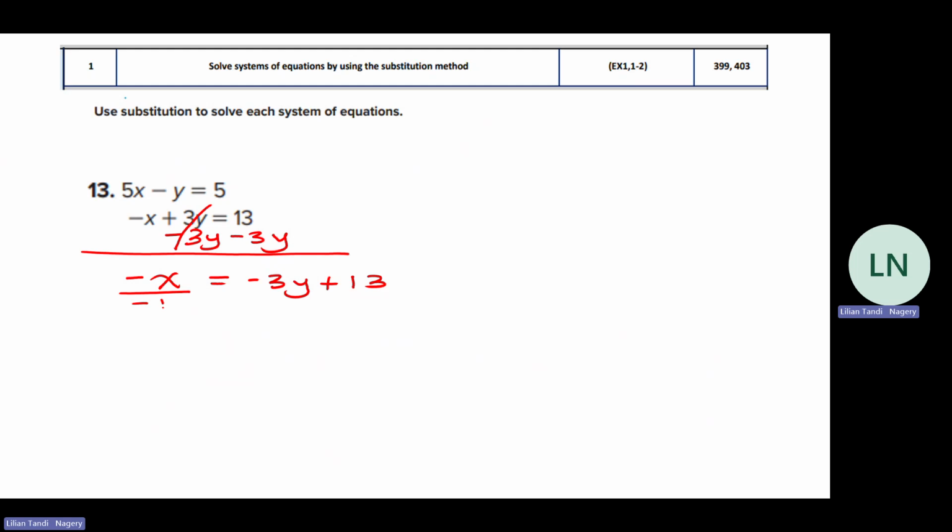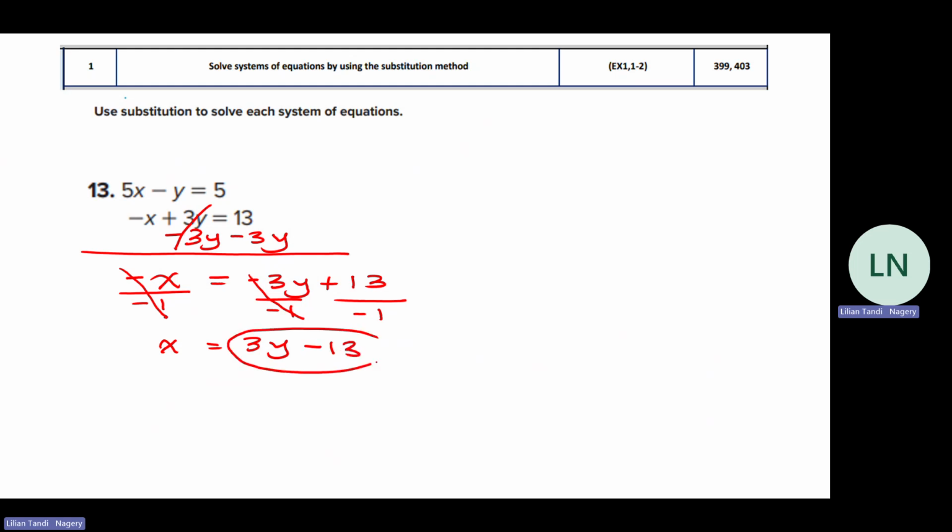Then I will divide everybody by -1. So x equals, -3y divided by -1 will be +3y, and +13 divided by -1 will be -13.